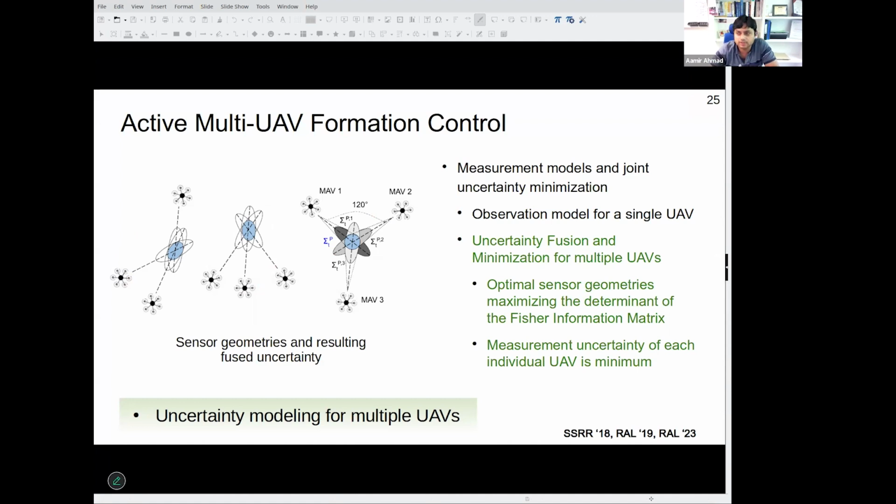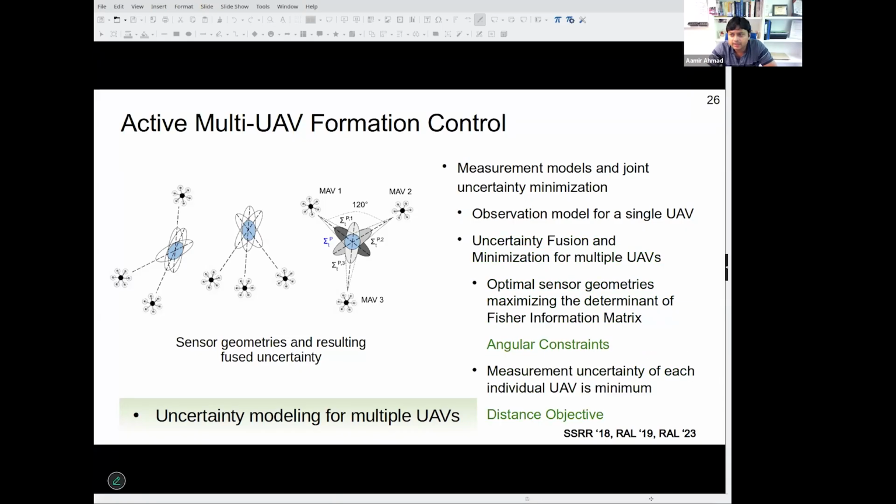So here we will not start anything from scratch again. We will build upon such works in the literature that determine the optimal sensor geometries, which we achieve basically by maximizing the determinant of the joint Fisher information matrix when doing such tracking.